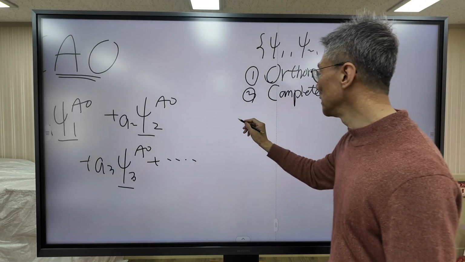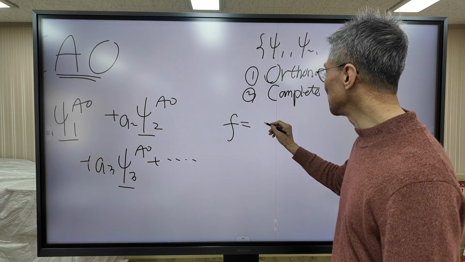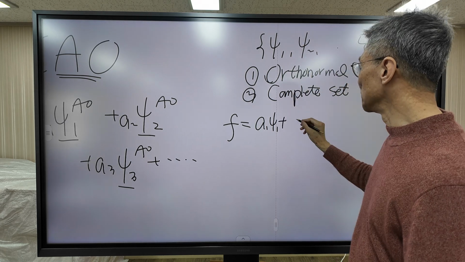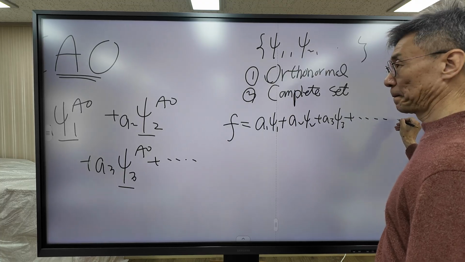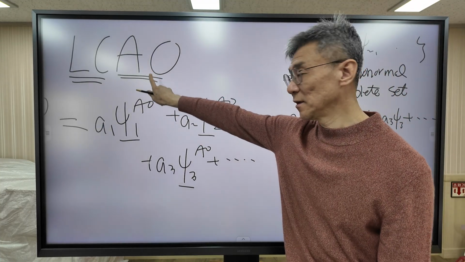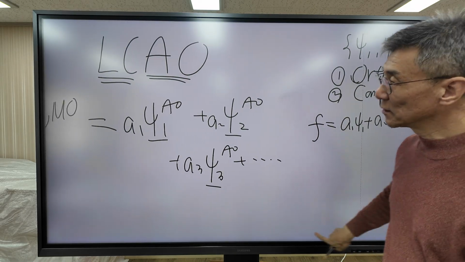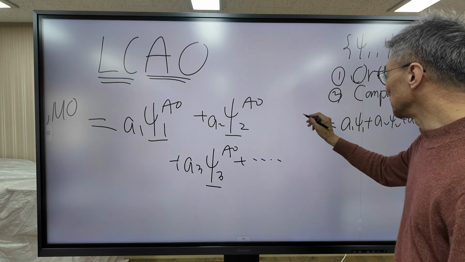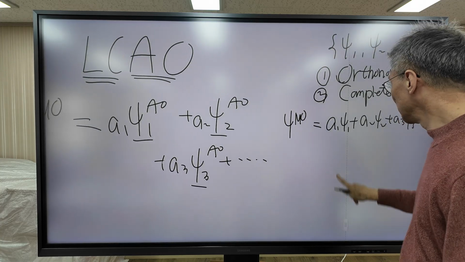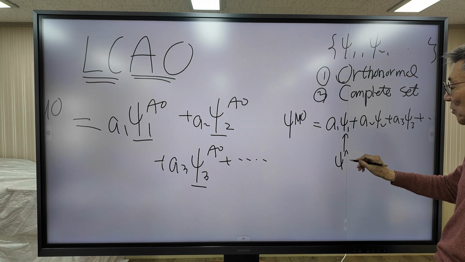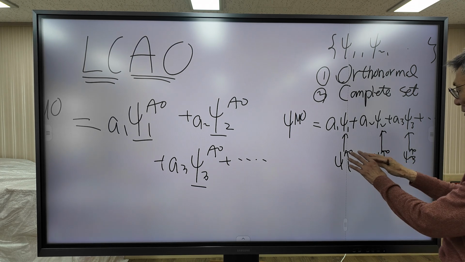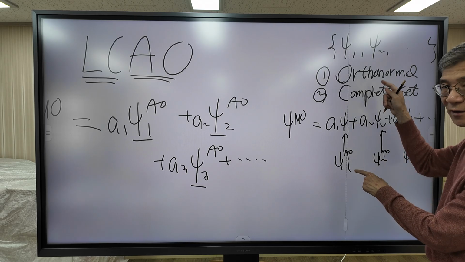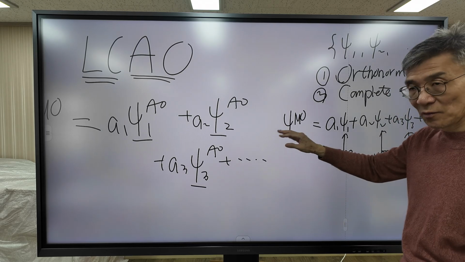For the second property, an arbitrary function can be expressed as a linear combination of the solutions. In the LCAO context, this arbitrary function is a molecular orbital, and these functions are atomic orbitals. Atomic orbitals are solutions to the Schrödinger equation, so using atomic orbitals, we can construct molecular orbitals.